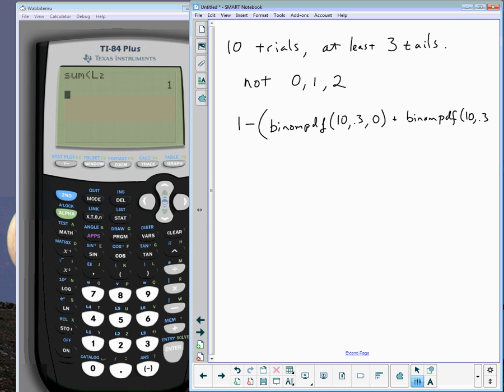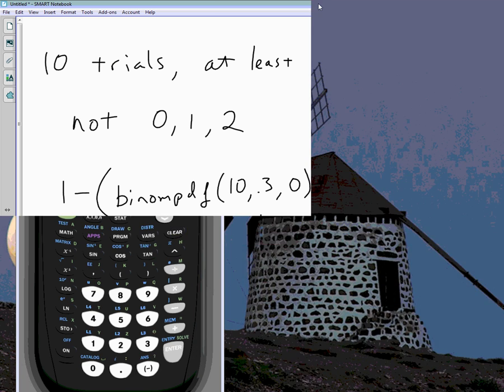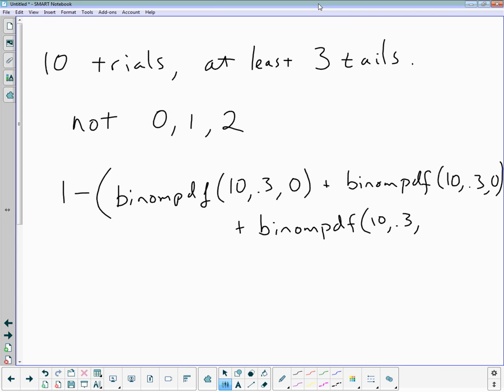No, you really don't do it this way. There is an easier way. I'm just showing you the process basically of, well, not 0, 1, and 2. That's one way of doing it.